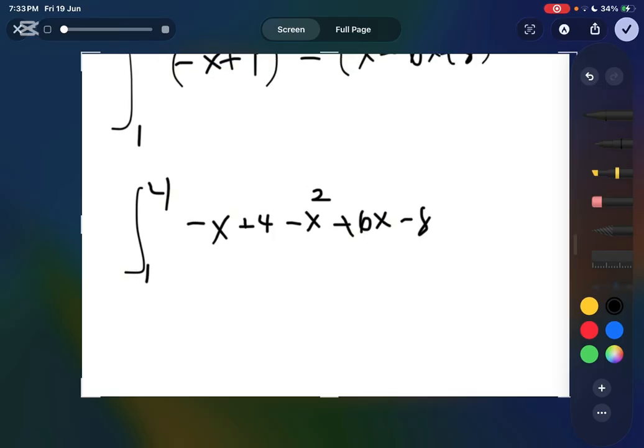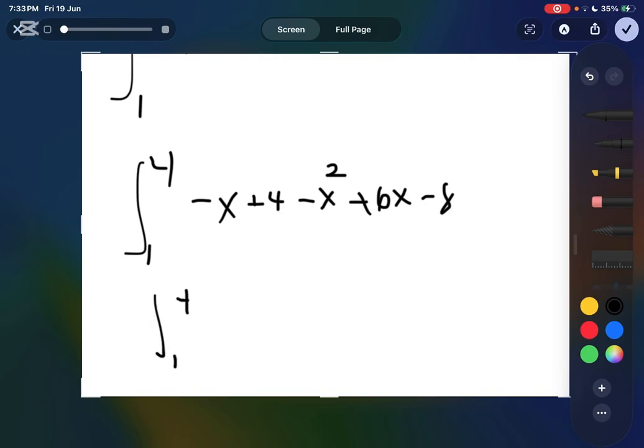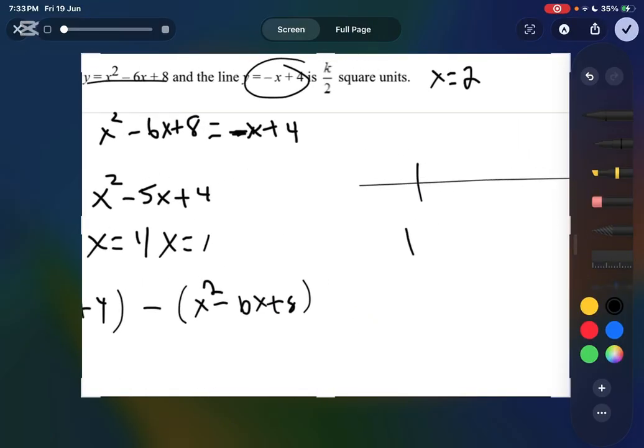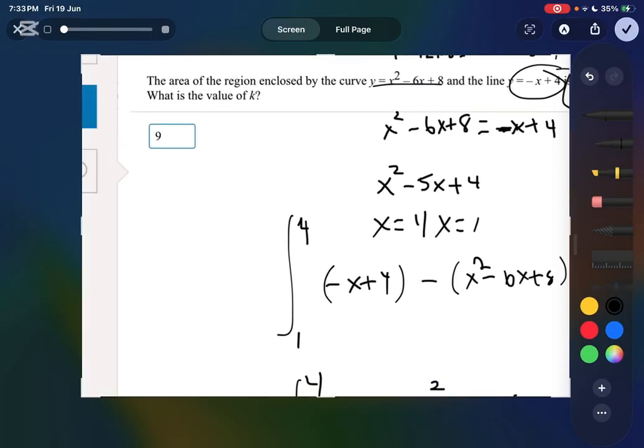So the integral from 1 to 4 of minus x squared plus 5x minus 4. Put this in the calculator, and I got 9 over 2, and the answer is 9 over 2.